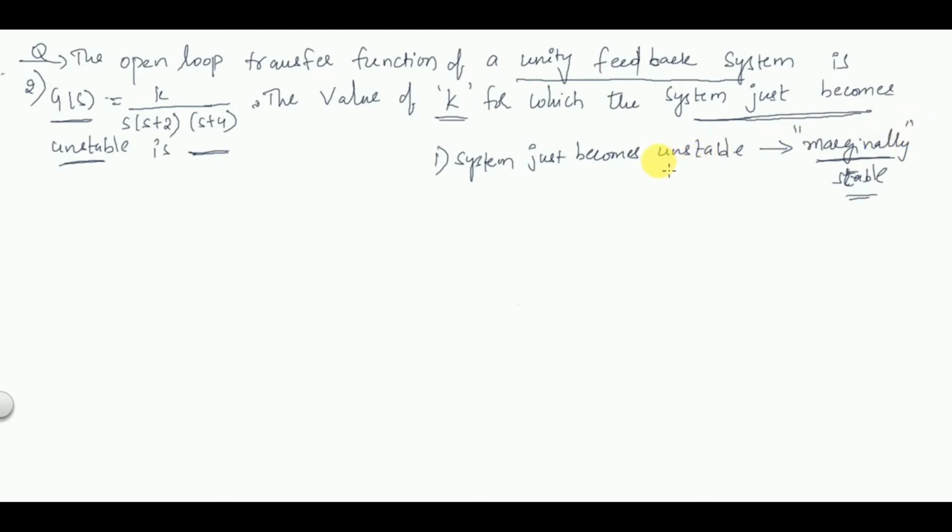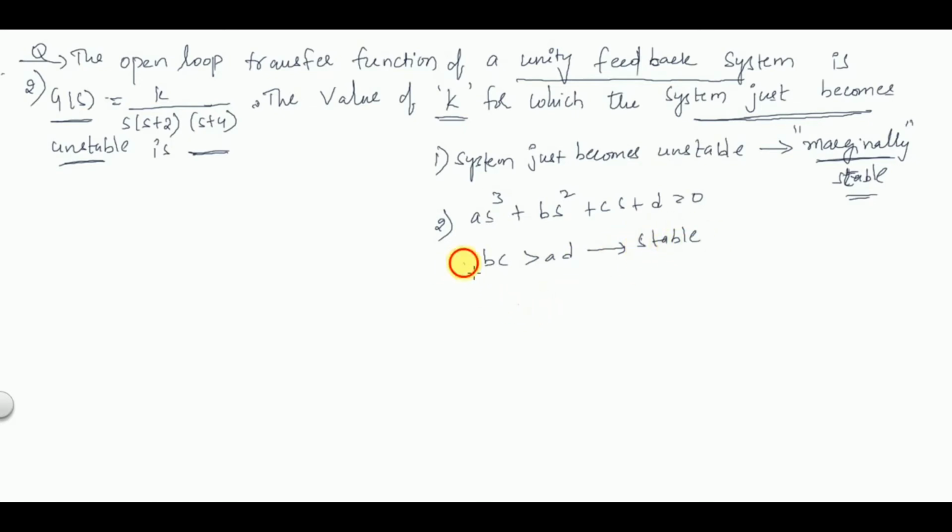And second thing here is, for a third order system like this, as cube plus bs square plus cs plus d is equal to 0, you can directly remember the conditions. If BC is greater than AD, the system is stable.